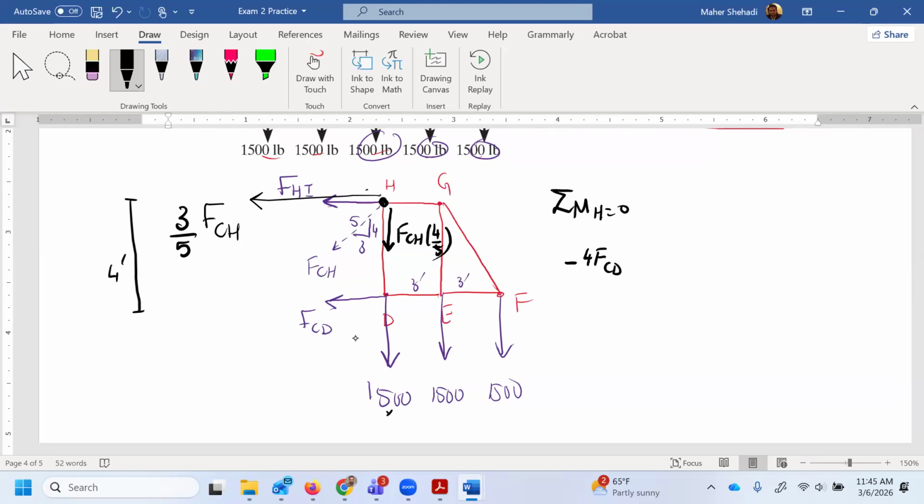And then the 1500s, those are vertical. So I should be looking at the perpendicular distance to that point, which is the horizontal distance. One will have 3 feet, the other will have 6 feet. So minus 1500 times 3 minus 1500 times 6. I could just simply say 3 plus 6 equals 0.